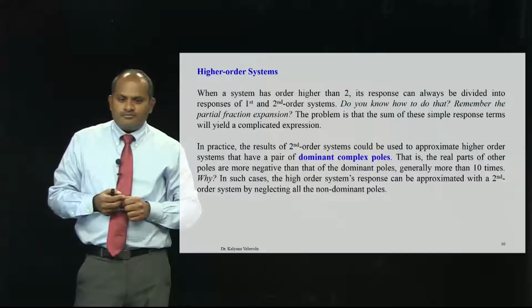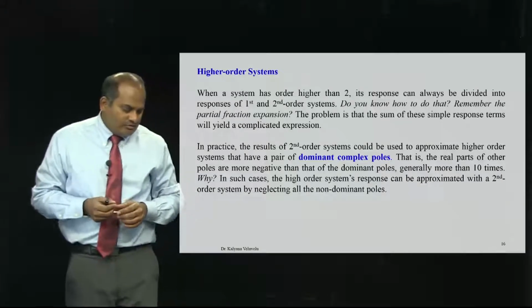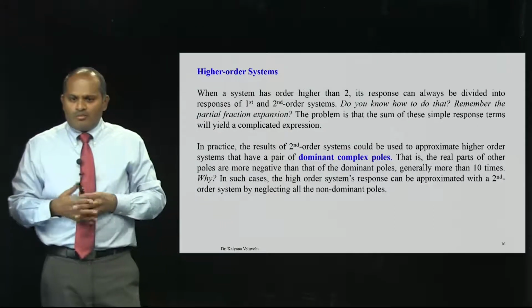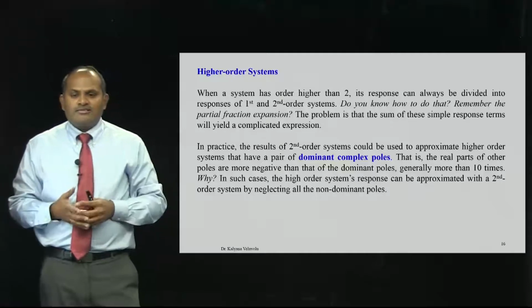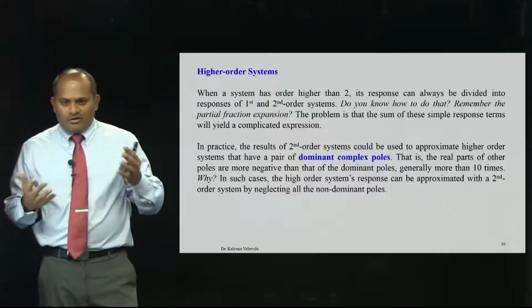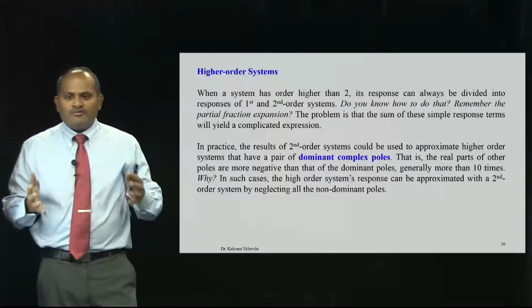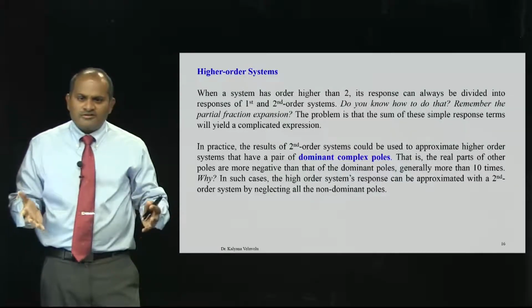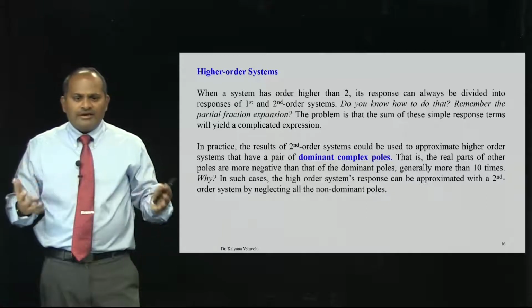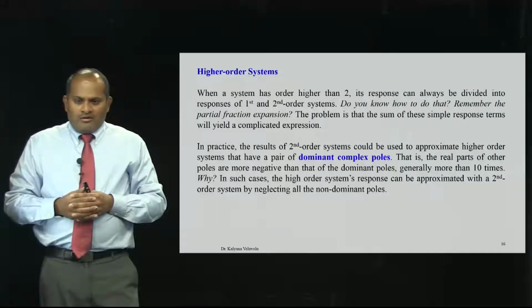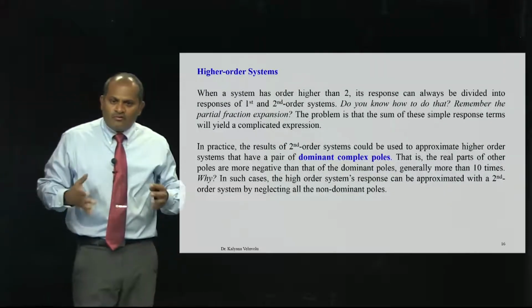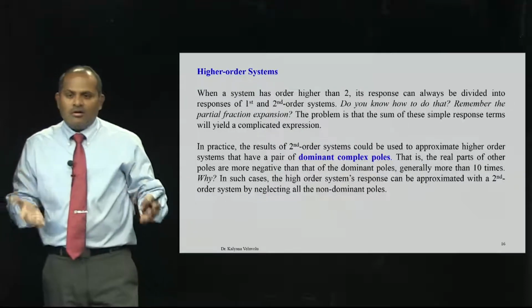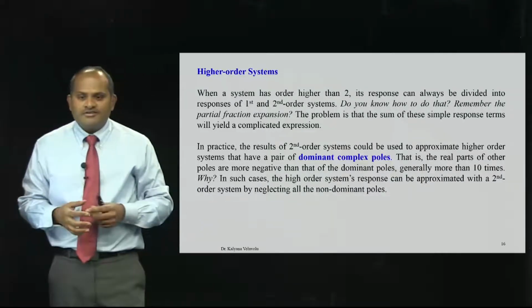However, most systems in the real world are higher order systems. Higher order systems are so common. Most mechanical, aerodynamic or chemical systems are higher order. We may have a third order, fourth order, fifth order, sixth order, or even an nth order system. However, we only focus our analysis on second order systems.